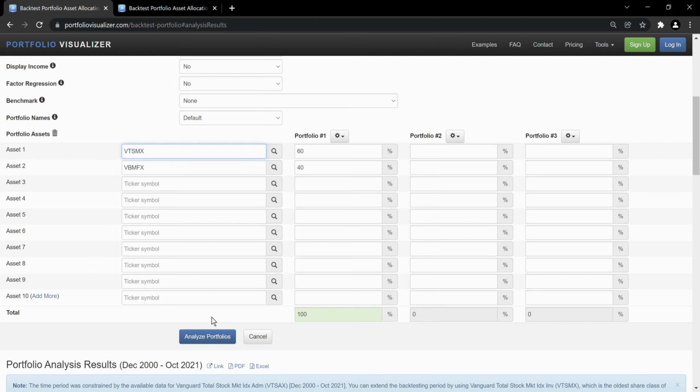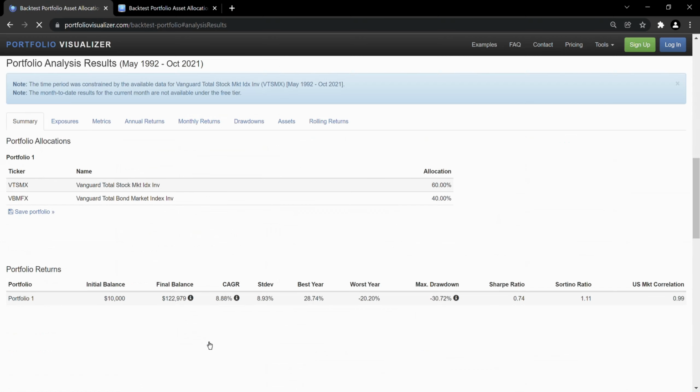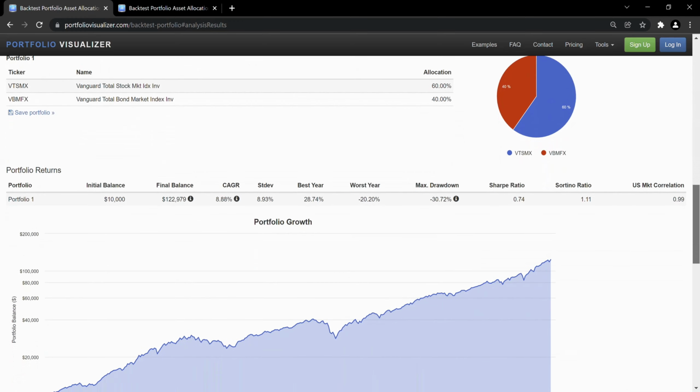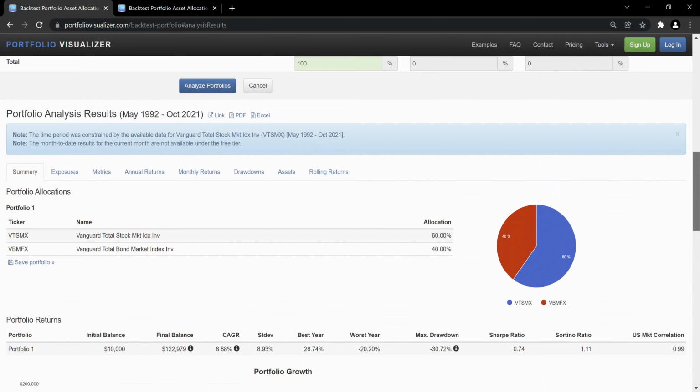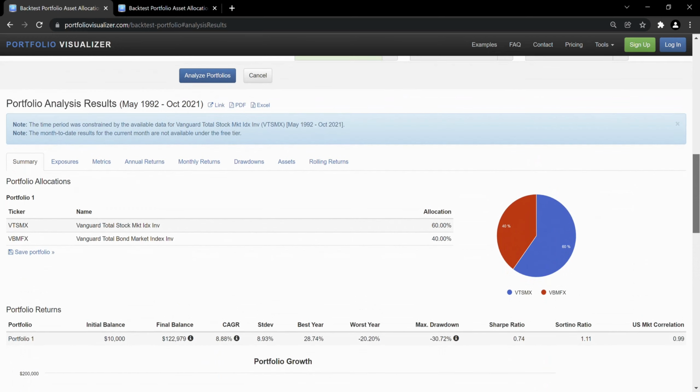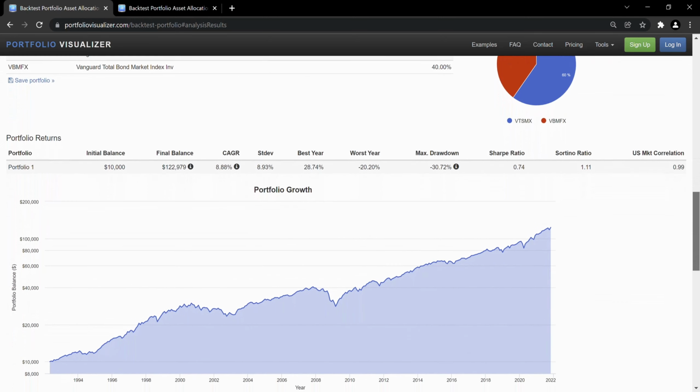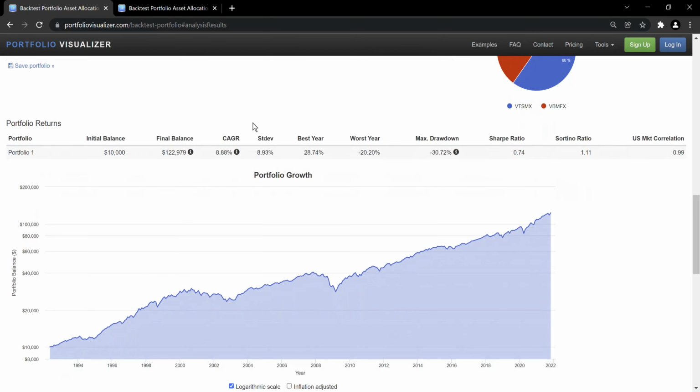It's also the total stock market. And we'll rerun that again. And now you see we have data that goes all the way back to 1992. And so that's a lot longer time series. And you can see how this grew over time.